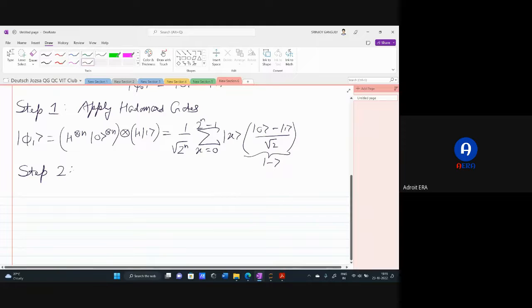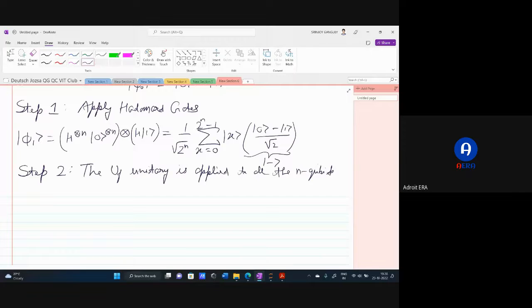Now step 2: the unitary application. The U_f unitary is applied to all the n qubits, and it is always applied simultaneously, but we solved it sequentially in the last one.